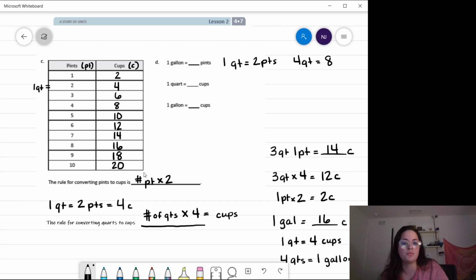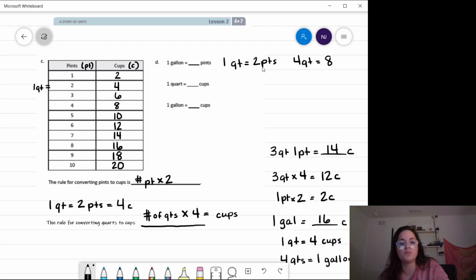We're coming up with a new rule that we haven't talked about, which is turning quarts into pints.